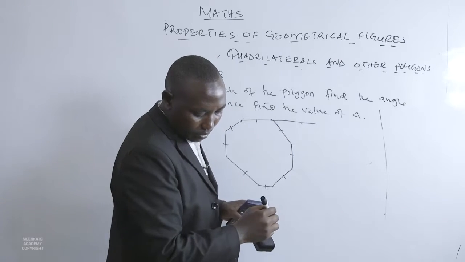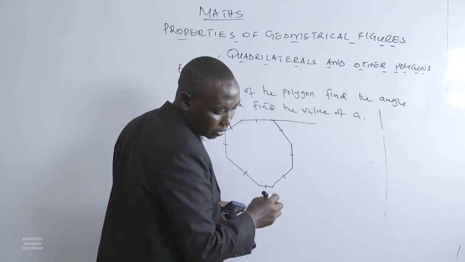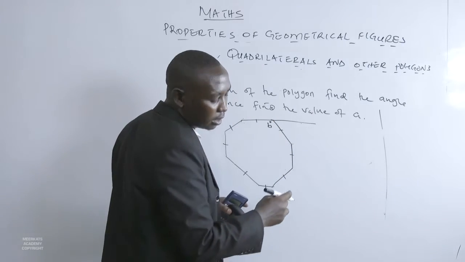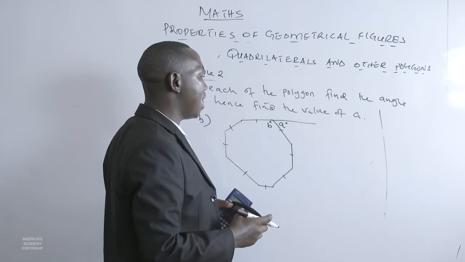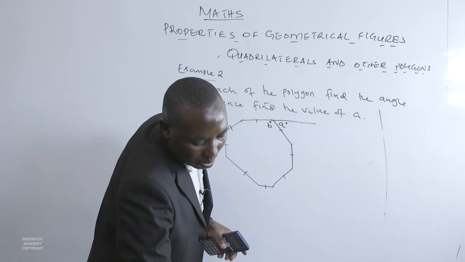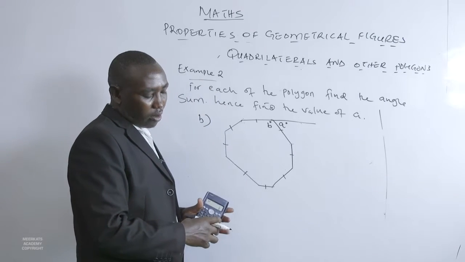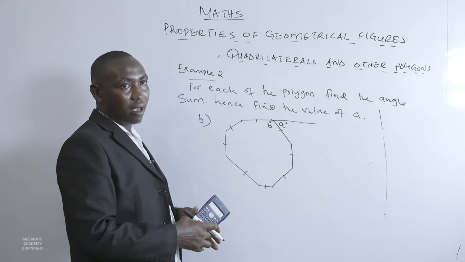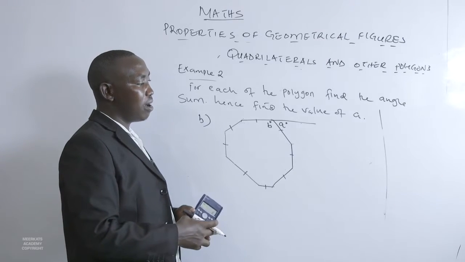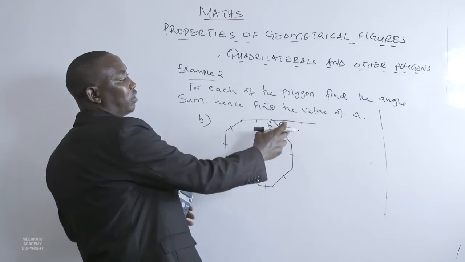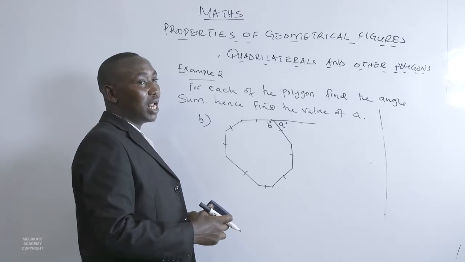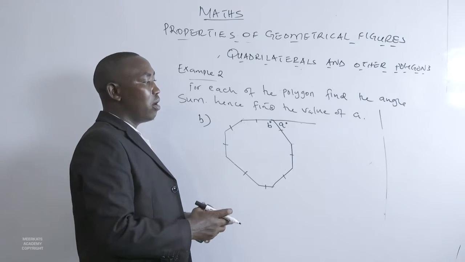We are told that this is going to be B and this is going to be A. Now there are two ways in which you can solve for the values of A and B. Because it's a regular polygon, we can find the size of one exterior angle. Then we use the property of straight lines to find the value of B.